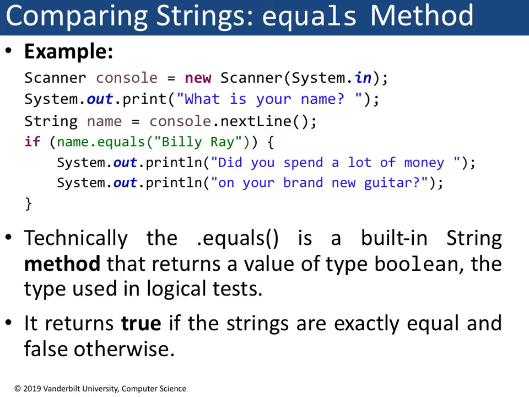So the user types something in, presses enter, nextLine grabs what they typed in, packages it as a string, and returns the value to be stored in the variable name.